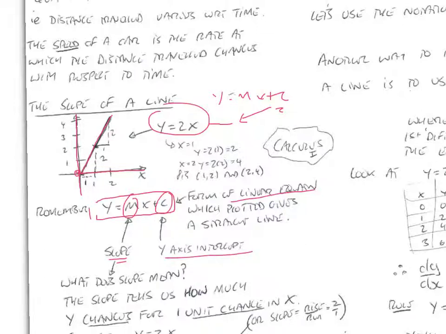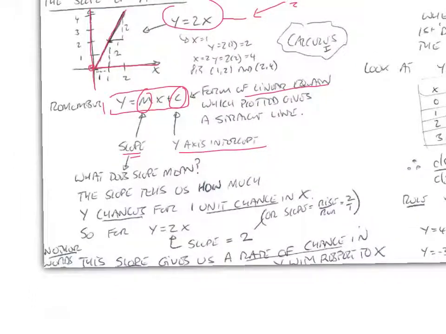Okay, but what actually does slope mean? The slope tells us how much y changes for a 1 unit change in x. Or, as we recall as well, we calculate slope as the rise over the run in coordinate geometry.